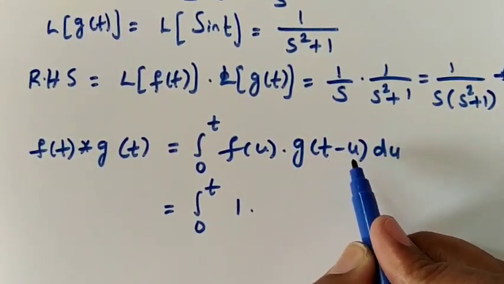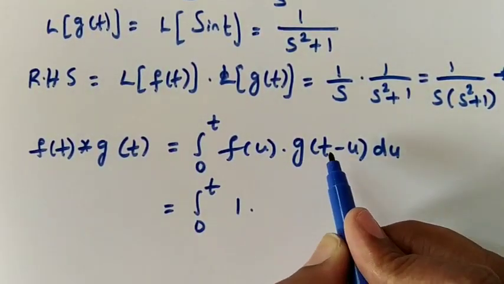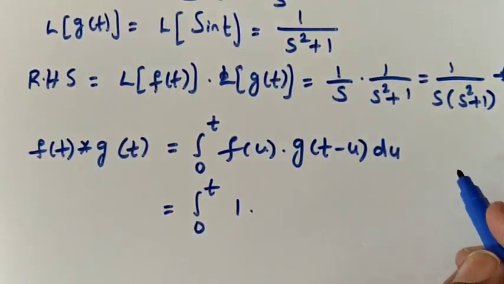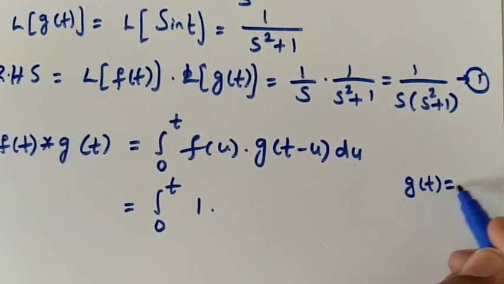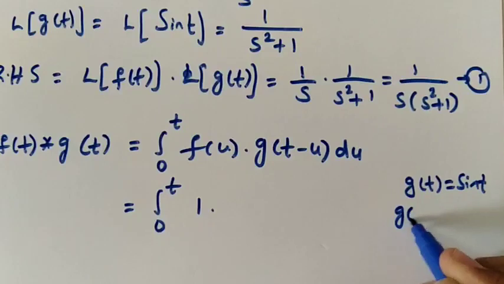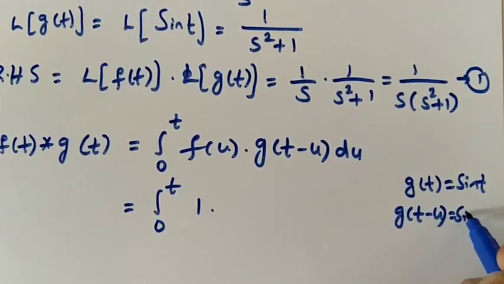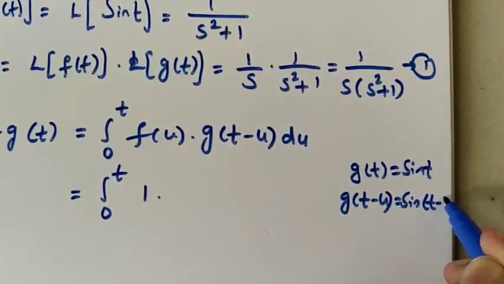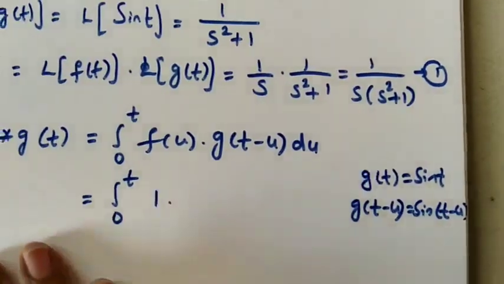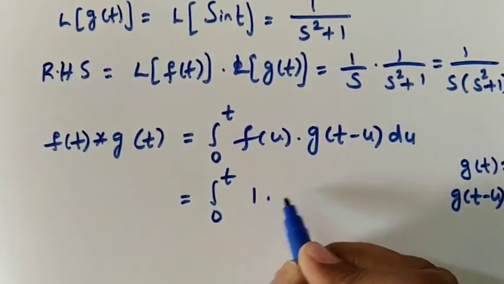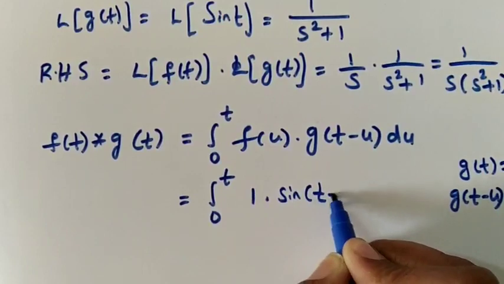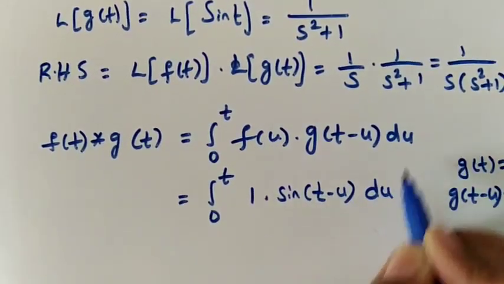And g(t) is sin t, then g(t minus u) is sin of t minus u. Instead of t you write t minus u. So 1 into sin of t minus u into du as it is.